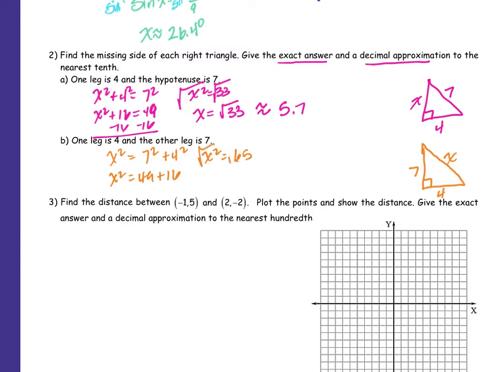Then I'm going to square root it. So x is going to equal the square root of 65, which I believe is simplified because 5 times 13 is 65, so it doesn't simplify any further. And that is approximately equal to 8.1, rounded to the nearest tenth. Okay?